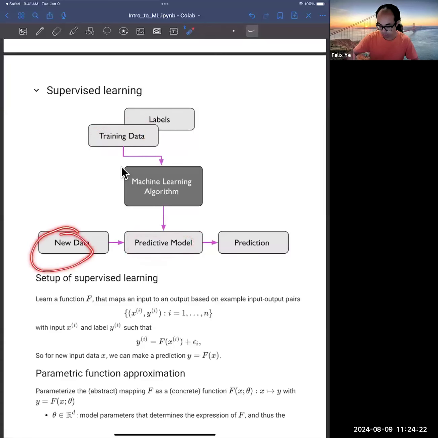Then you're given another new set of data, usually called the testing data set. Then you make predictions for the testing data set. This is the whole idea of supervised learning. Almost every time, supervised learning falls into this category.